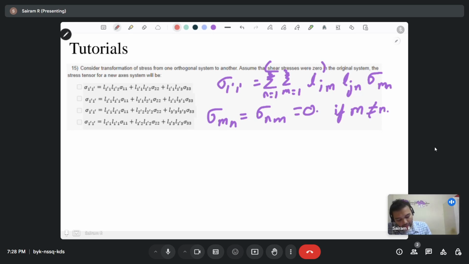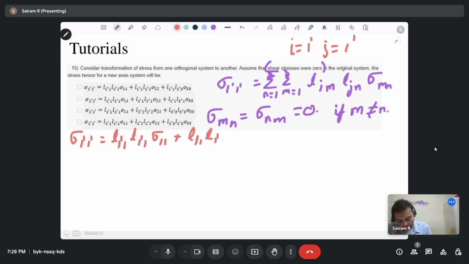We know i equals 1 prime, j equals 1 prime. We'll have to vary m and n. So sigma 1 prime 1 prime equals L1 prime 1, L1 prime 1, sigma 11 plus L1 prime 1, L1 prime 2. So across the row we will keep changing n, and across the rows we will keep changing m.